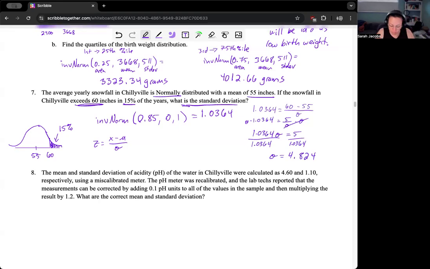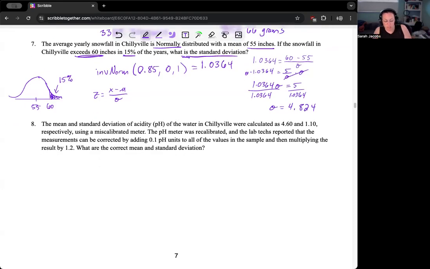All right, one more time. The mean and standard deviation of acidity pH of the water in Chillyville were calculated as 4.0 and 1.1 respectively using a miscalibrated meter. The pH meter was recalibrated and the lab techs reported that the measurements can be corrected by adding 0.1 pH units to all of the values in the sample and then multiplying the result by 1.2.